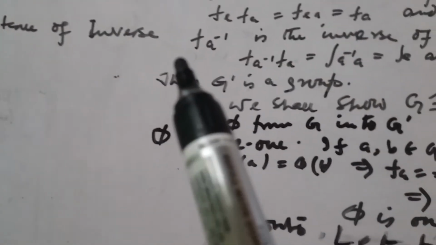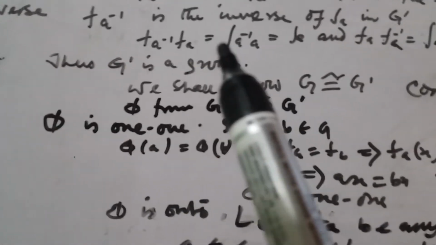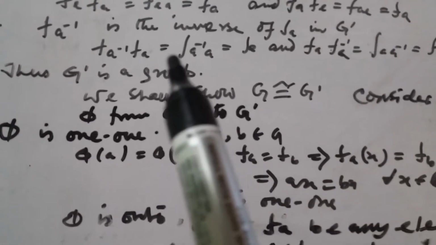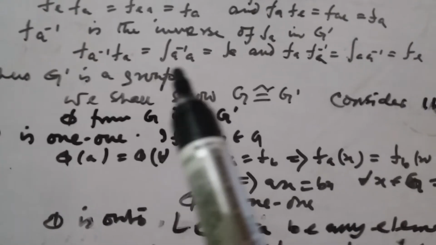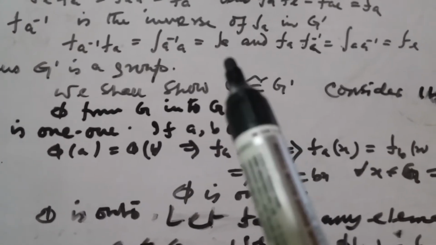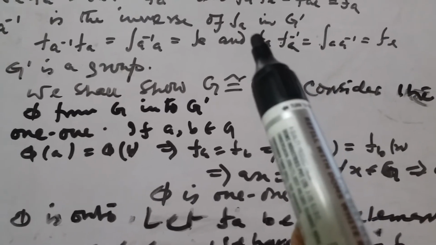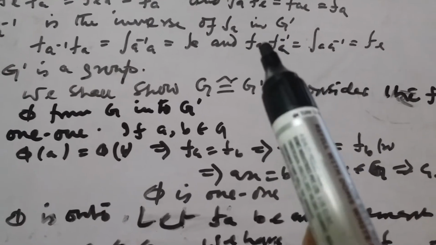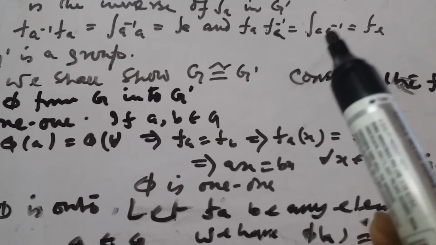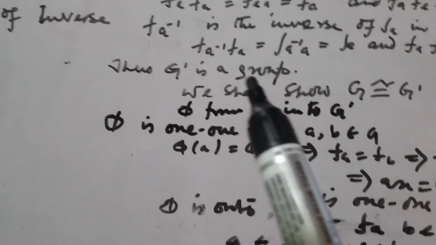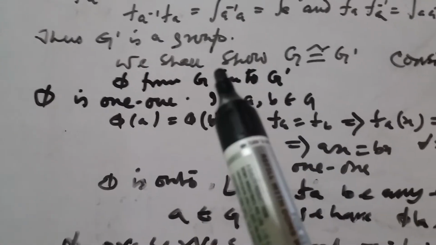Now the existence of inverse: f_a inverse. From closure property, f_a f_a inverse = f_e, so it holds inverse. Thus G dash is a group.